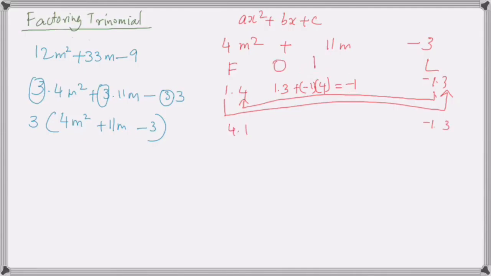Now let us try 4 1 and negative 1 3, okay? So 4 times 3 plus negative 1 times negative 1. So you know that negative 1 times negative 1 is negative 3, okay? So actually, I'm sorry, I think I made a slight mistake.